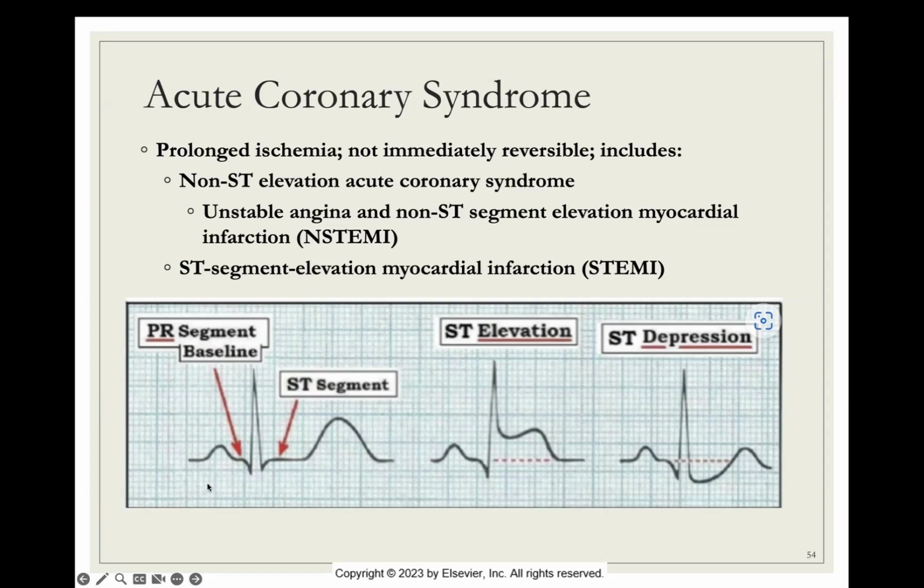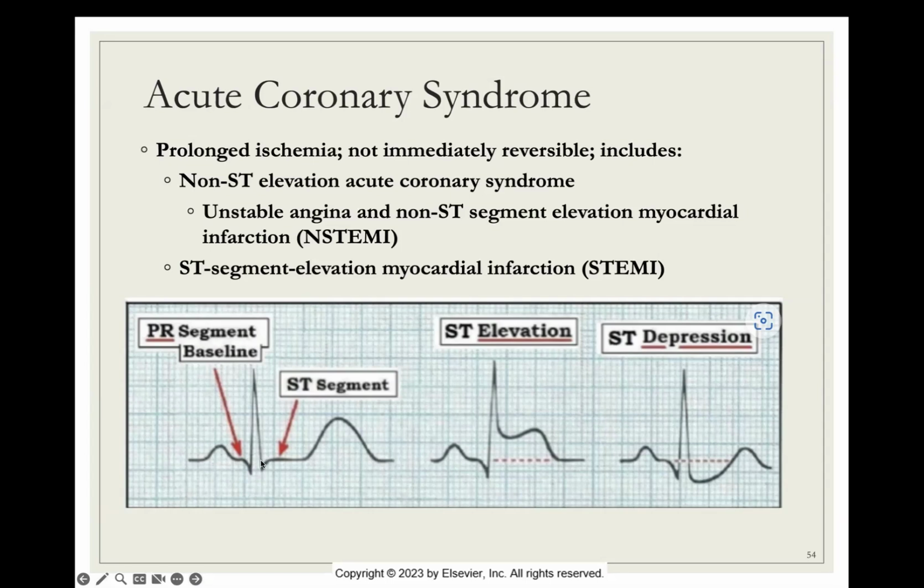So we talked about in the first lecture on cardiac about the P wave here, the electrical tracing of activity through the atria. Then the QRS wave is the electricity traveling down the pathway through the ventricles.